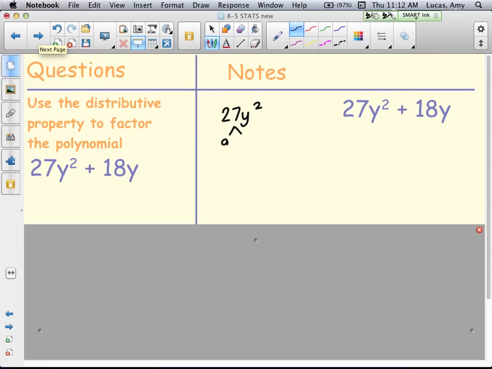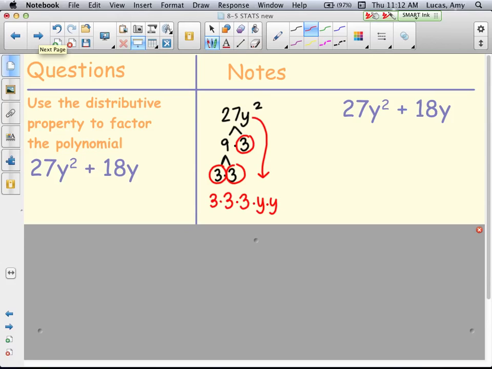27 would factor into 9 times 3, and then 9 factors into 3 times 3. So the prime factorization of 27y squared, if you look at the bottom of your branches, I have 3 3's, so 3 times 3 times 3, and then y squared means y times y.